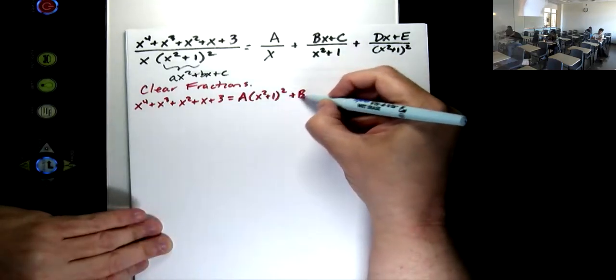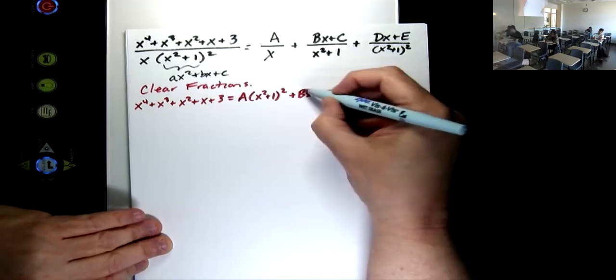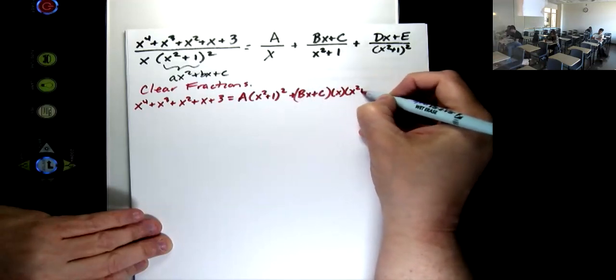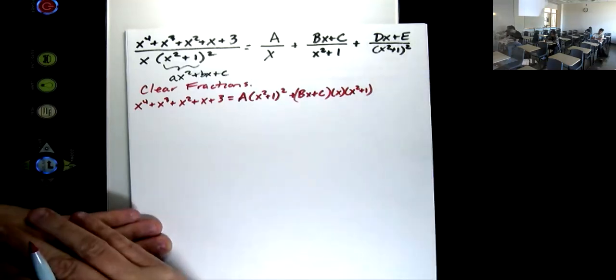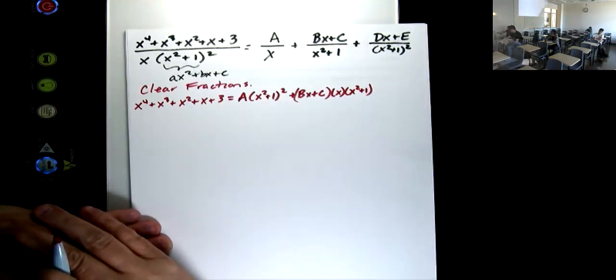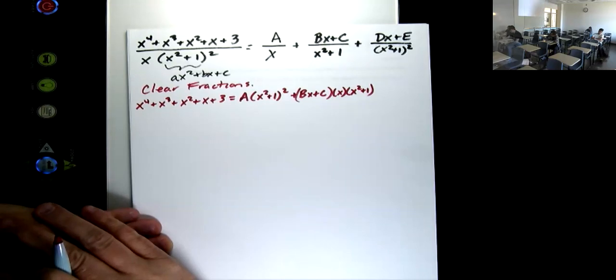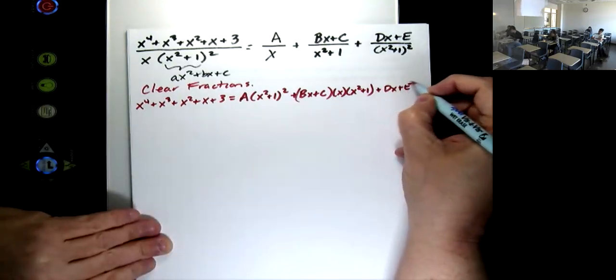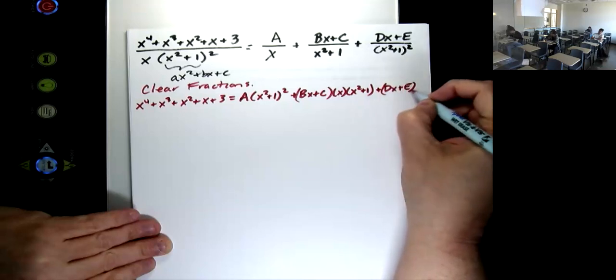The Bx plus C gets an x and an x squared plus 1. And the Dx plus E only gets an x.